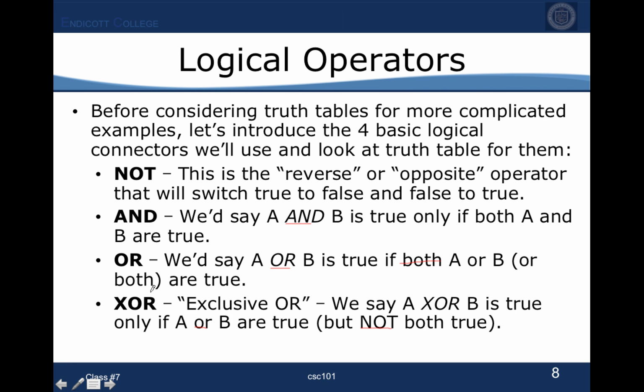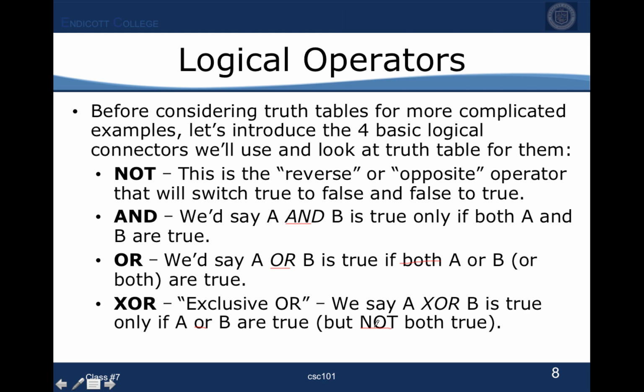So or and XOR are obviously very similar, but A or B is true if A is true or B is true or both of them. But XOR says you have to have just one of A or B be true. In other words, the other one has to be false. So you can't have them both true.